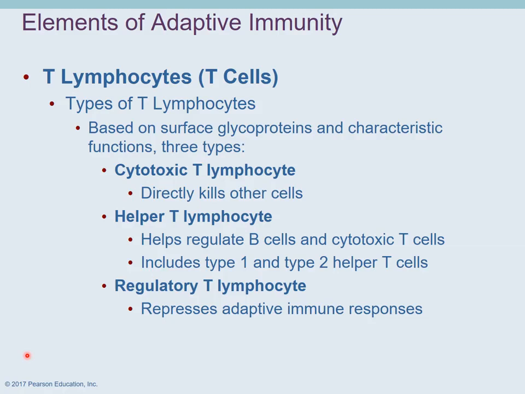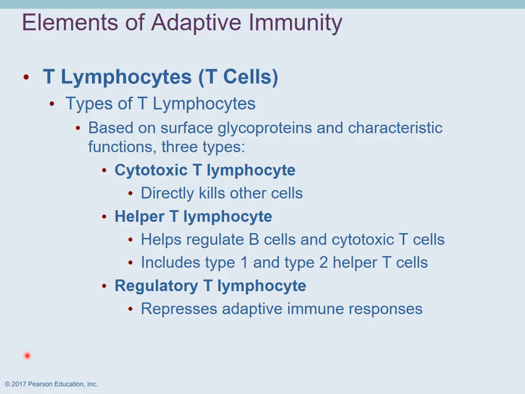The helper T cells, there are two different types of these. Their job is to help activate and regulate the cytotoxic T cells, basically telling them, okay, you're on, here's a job to do. They also help to activate the B cells of the humoral immune response.